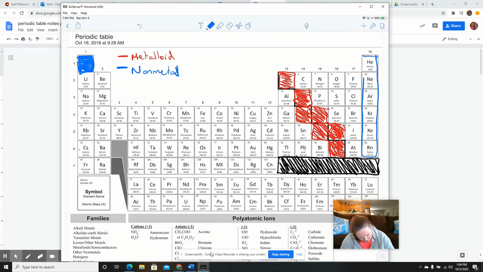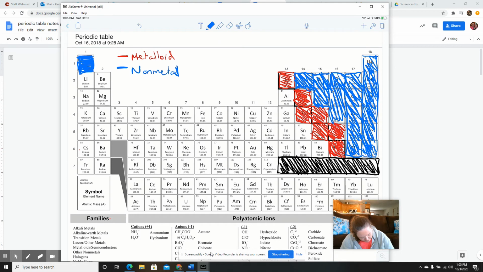So all these elements here, these are all nonmetals. All of these are nonmetals.